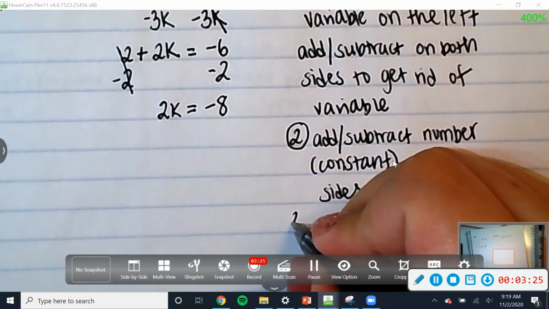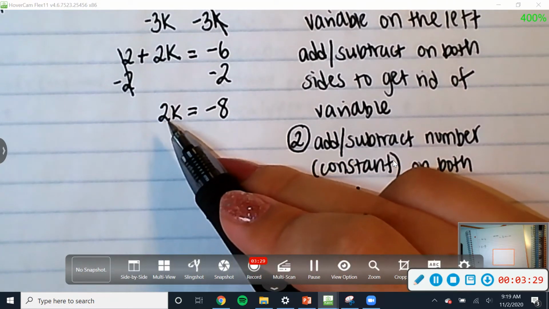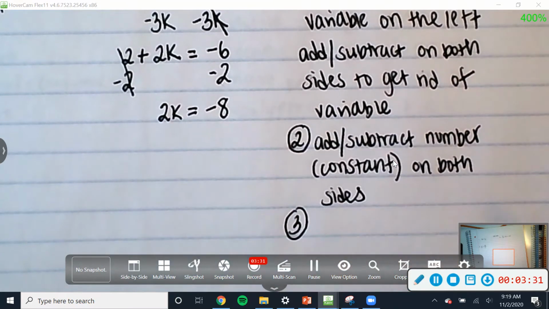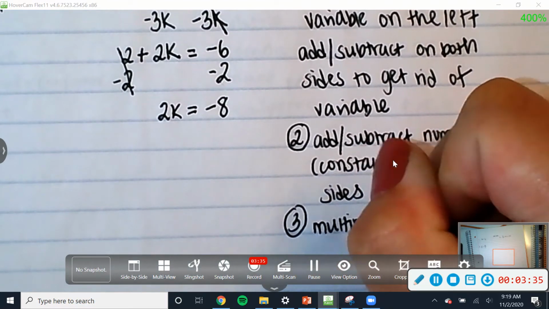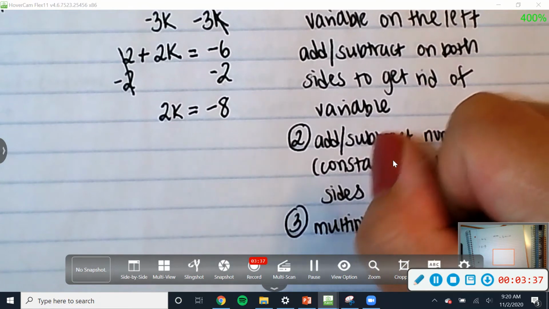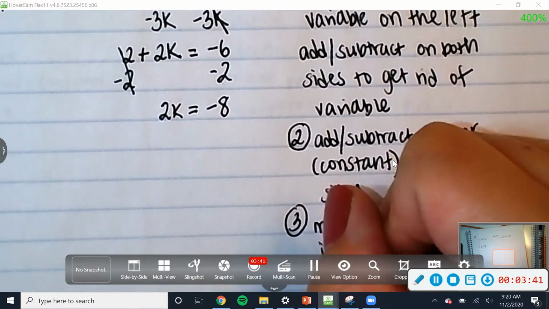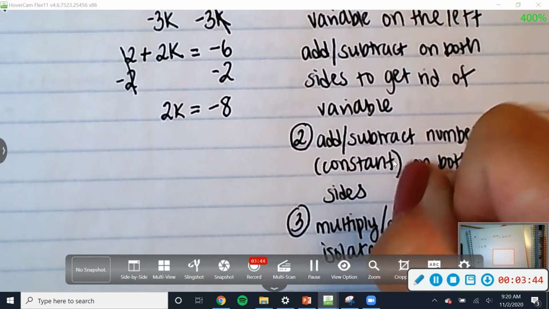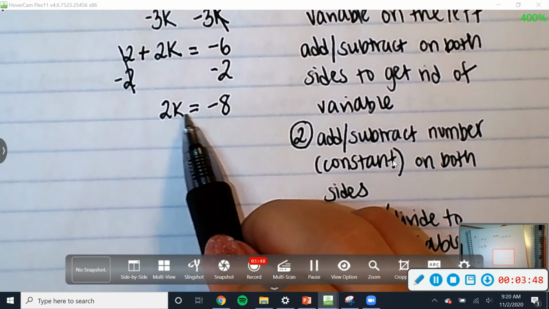And our very last step here is we want to get rid of this coefficient that's in front, this 2 that's in front of the k. So we are going to multiply or divide to solve, to isolate our variable. In this case, I have 2 being multiplied times k.